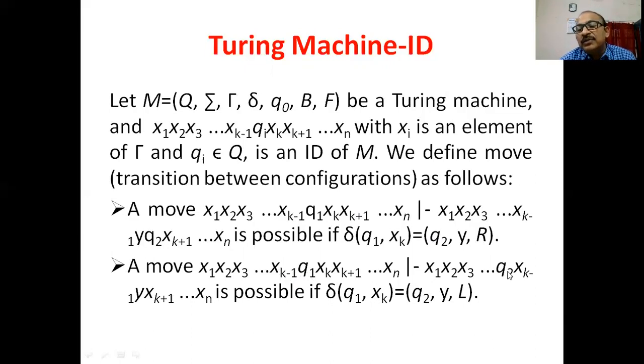Here you can say q2, xk minus 1, and this xk is replaced by y. So after this instruction, the machine moves from the current configuration to this configuration.